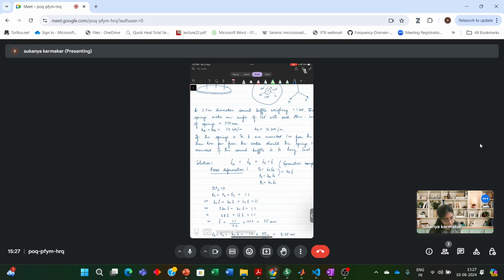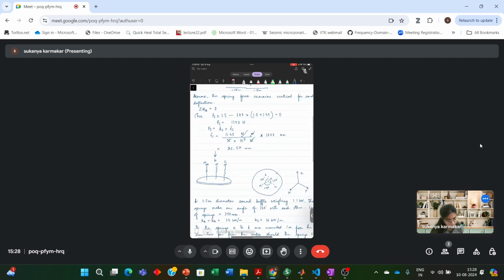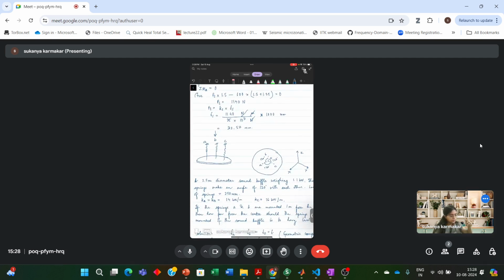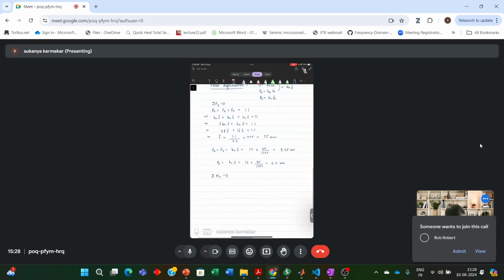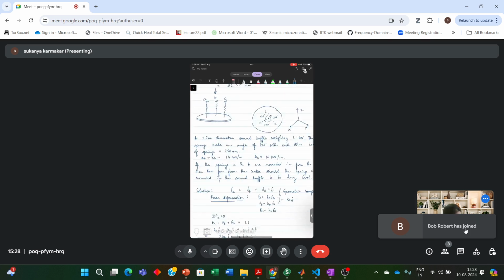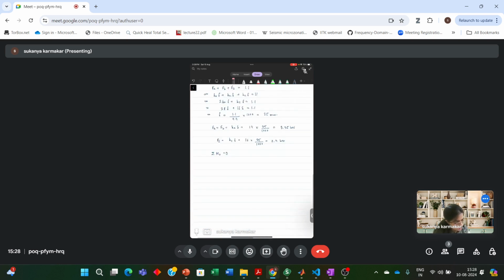And the disk lies in the xy plane, so you can write down the forces in the vectorial format.